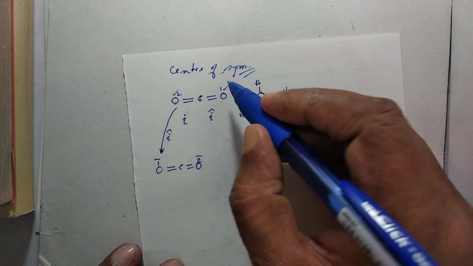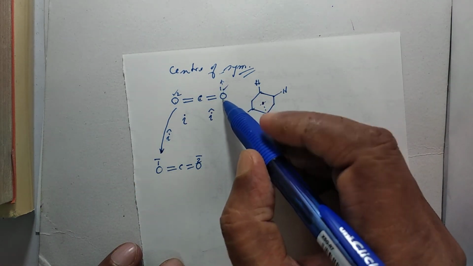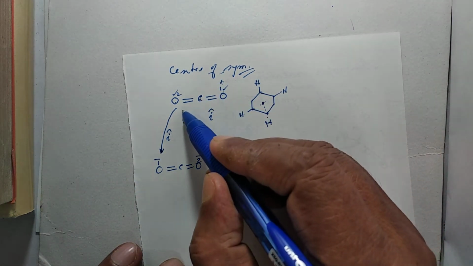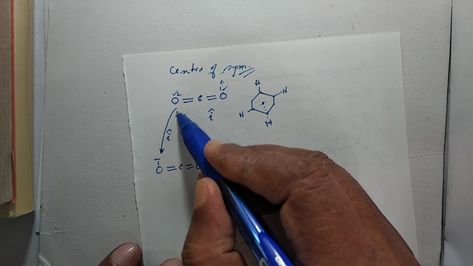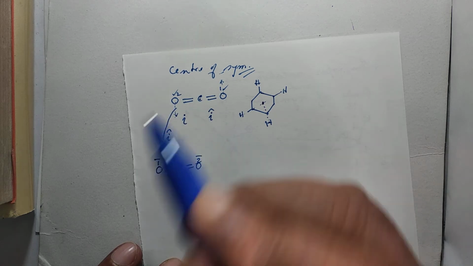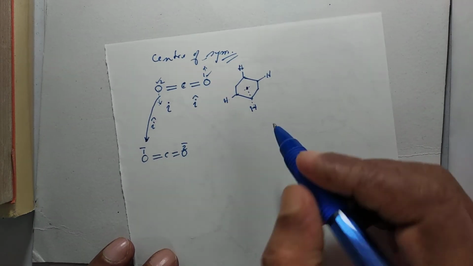Bar because if you have a vector here, say p orbital here like this, then that will be inverted. That is why we use bar notation in this case.